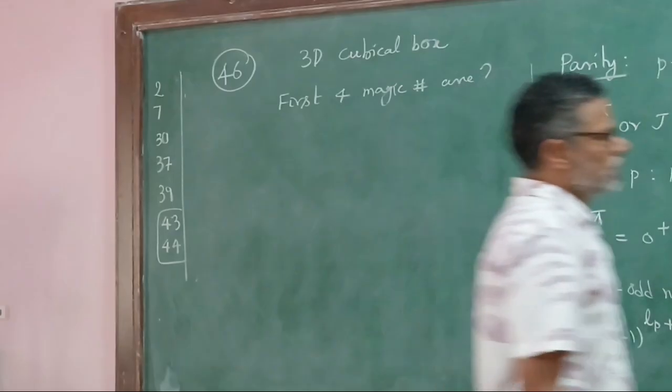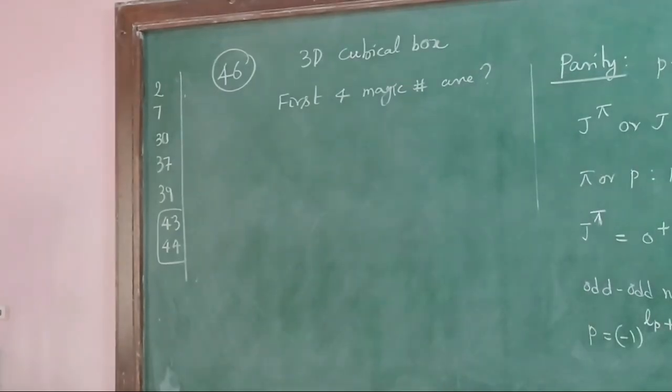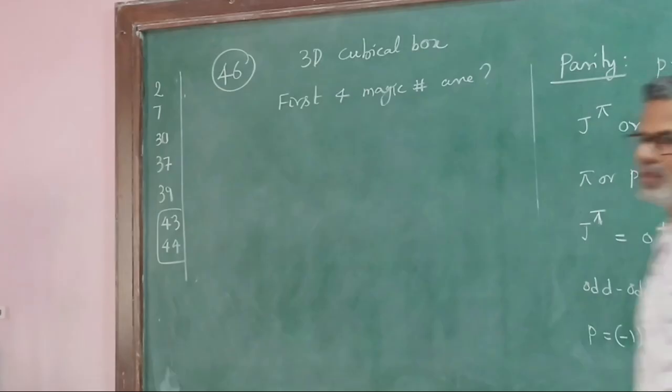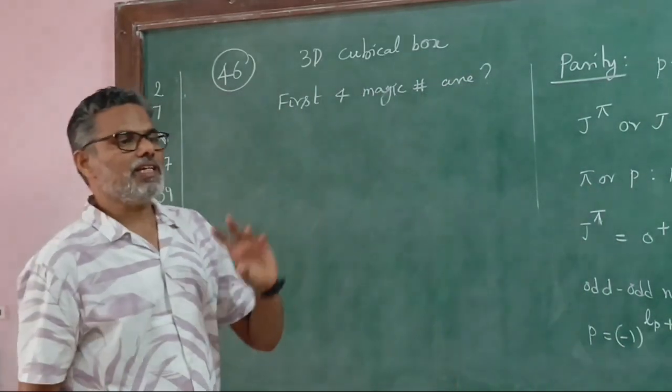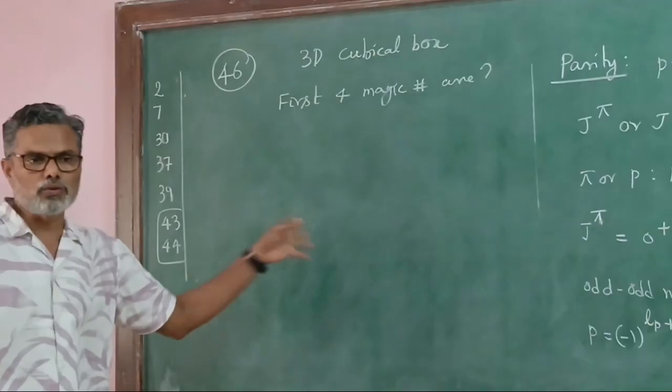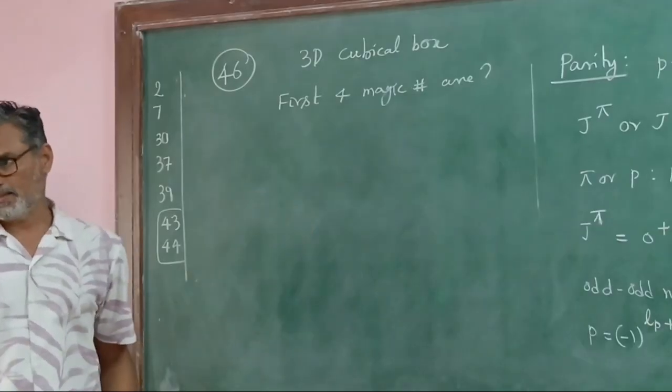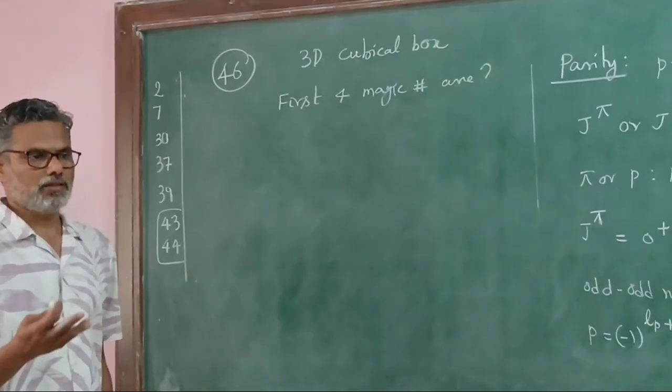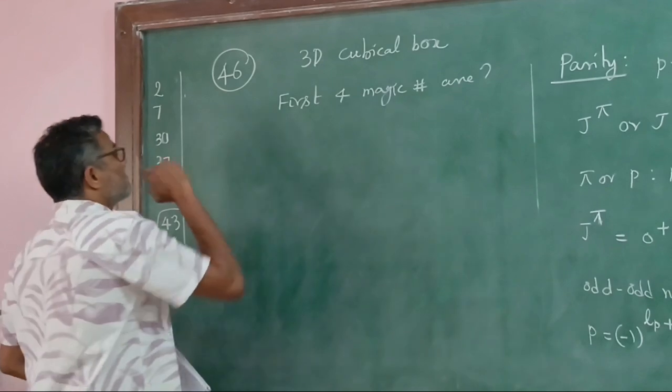In general, the magic numbers are 2, 8, 20, 28. These are the first four. But when I change this to cubical, because it's a spherical aspect, how will this appear? Is there any change or not?